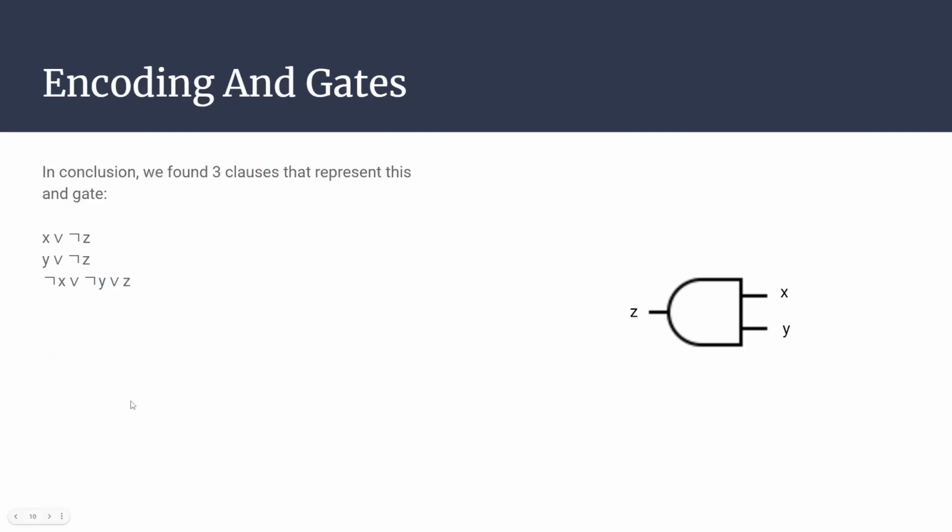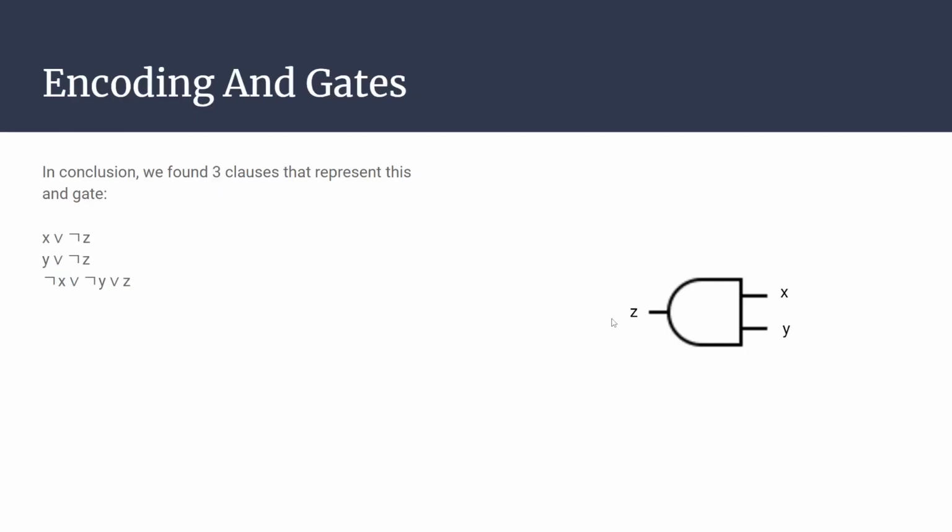So in conclusion, we got three clauses that map an AND gate. Now keep in mind, if x is the ground or x is the negated ground, then we can't really have a variable that represents it, but we can simply indicate that y and z have this relation between them in a very similar manner to the logic we made here. So it's something that we are capable of doing.